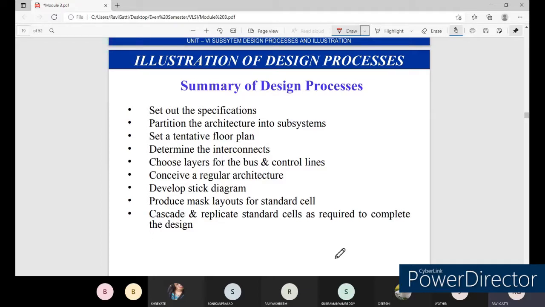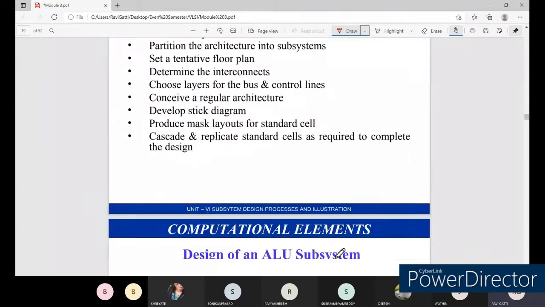These are the different design procedures you need to understand. In these design procedures we have studied two 4-bit adders and a 4-bit shifter. This is a summary related to the design process.